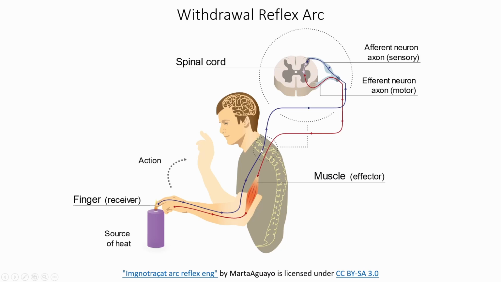By processing in the spinal cord, we can be that much faster. Even though this is extremely rapid anyways, this can be even faster. Process in the spinal cord, and then send that signal out: hey, pull the arm away. So we cause the muscles to contract that are going to allow this hand to pull back. In this case, he's moving his hand up and away.